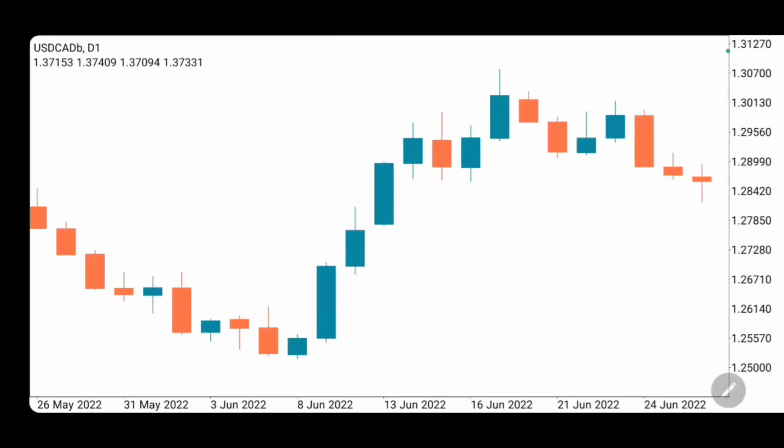Okay, so let's see another one here as well. As you can see here, I place my buy stop and my sell stop on this previous day's candle. So this current day candle breaks just a few pips above and takes out the previous day candle, and this trade will be triggered.